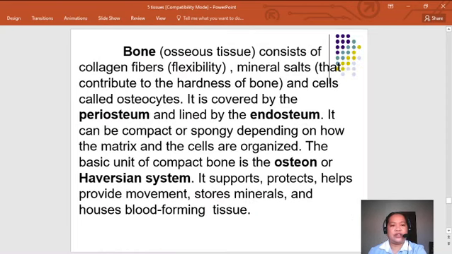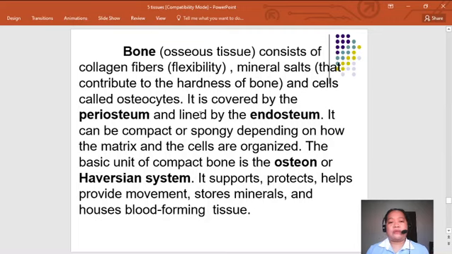Next, another type of specialized tissue, you have the bone or the osseous tissue. It consists of collagen fibers for flexibility with mineral salts that contribute to the hardness of the bones, and the cells are called osteocytes. It is covered with periosteum and lined with endosteum.